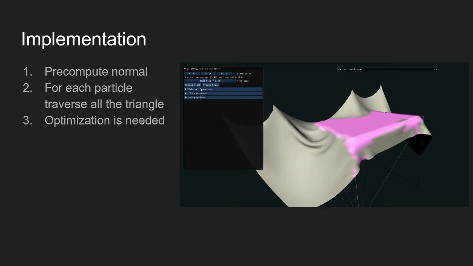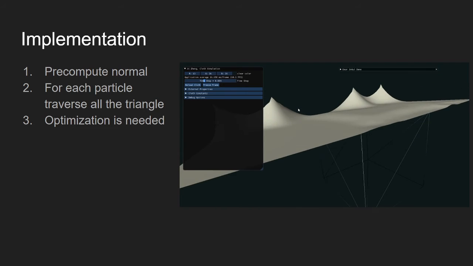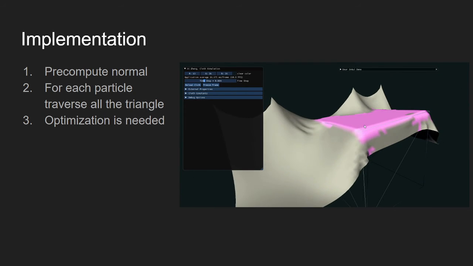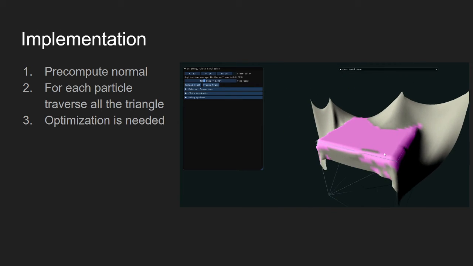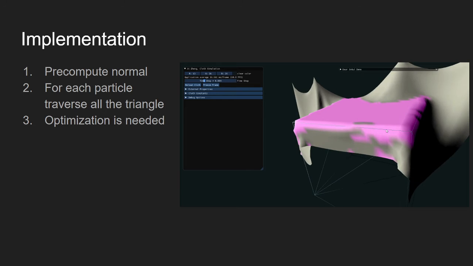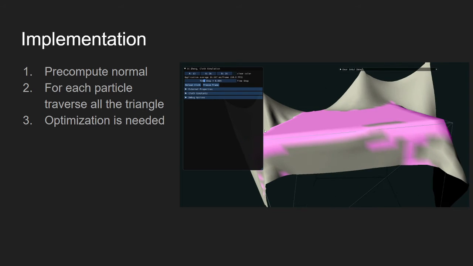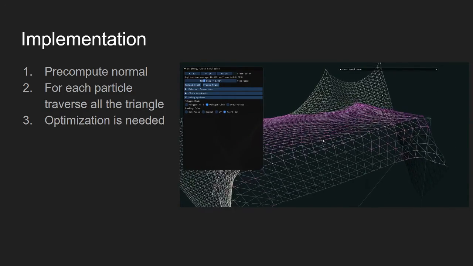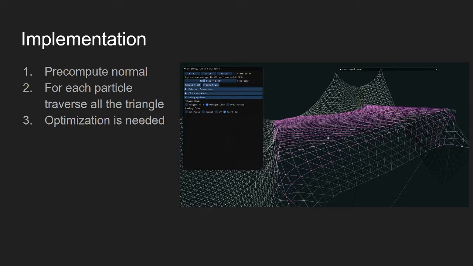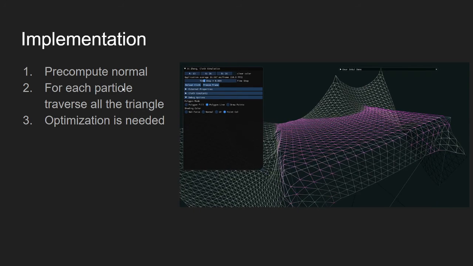I can compute the normal each frame in real time, but I just think that's not worth it. So what I did is I pre-compute the normal and store these normals into an array, a list in the global memory, and for each frame and each particle, I access that when I'm computing the cloth object collision.